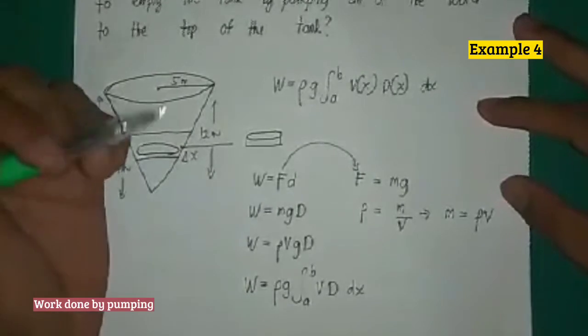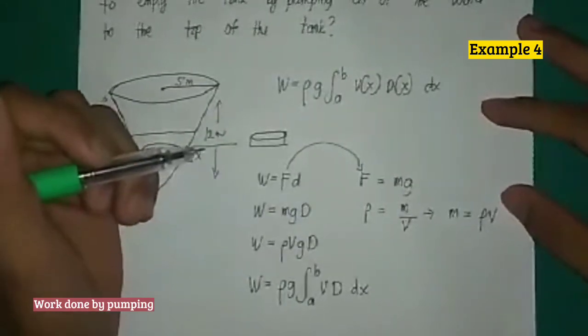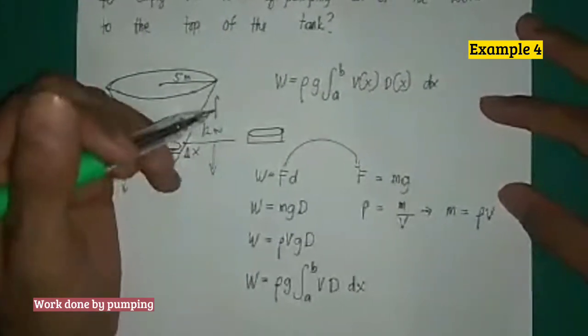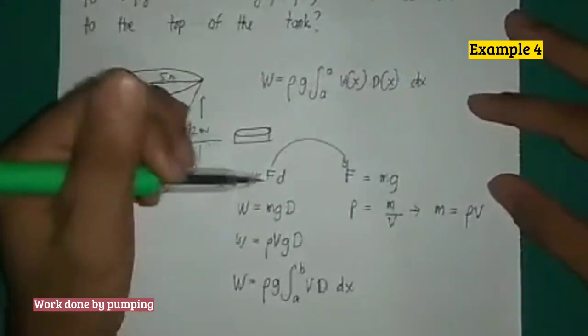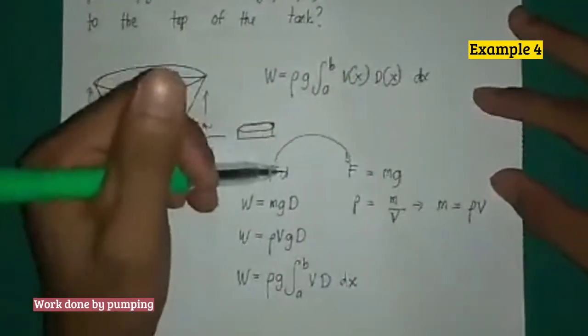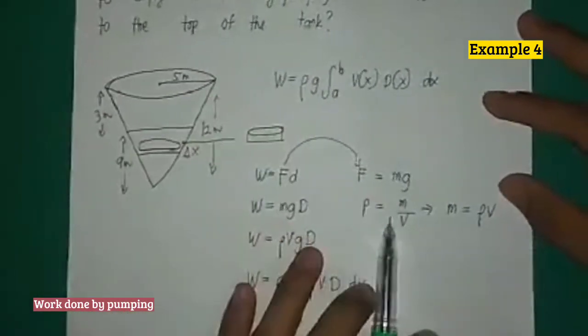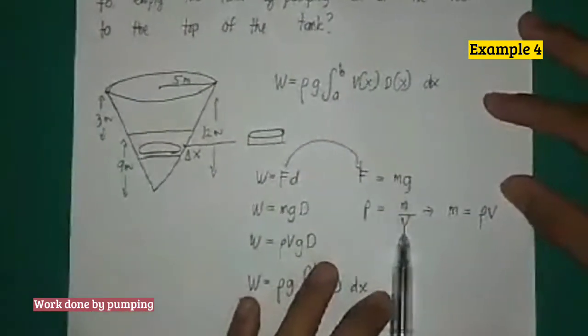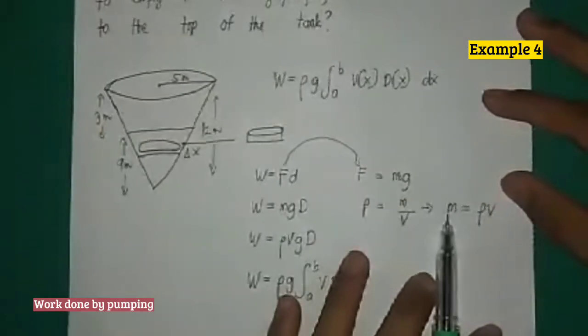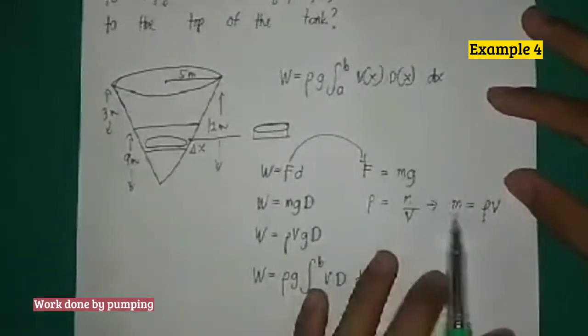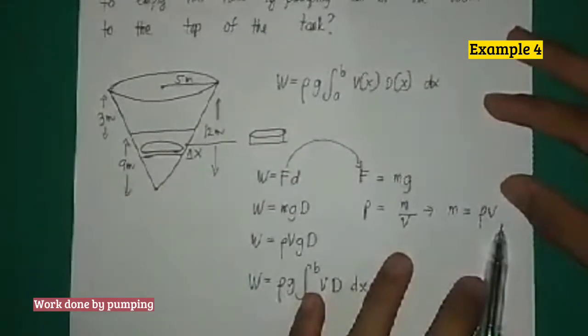And in physics also, the formula of the density is mass over volume. And in order to find the mass, we cross multiply, so mass is equal to density times volume.